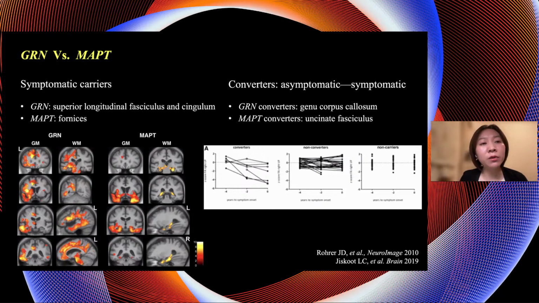Okay, comparing granulin and MAPT, we saw that the symptomatic granulin mutation carriers show much more predominant superior longitudinal fasciculus and cingulum involvement, and the MAPT mutation carriers show more white matter degeneration of the fornix. And it's also connected with the proximity to symptom onset.